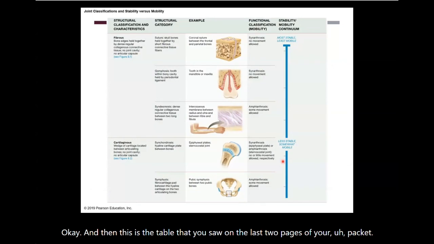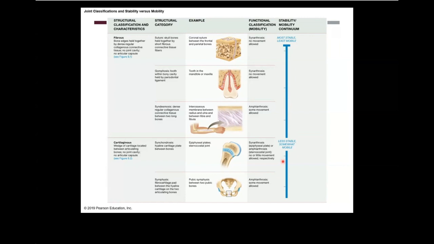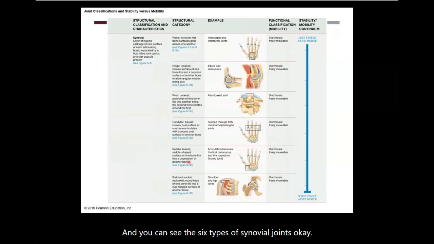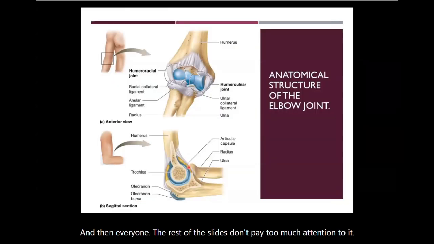And this is the table that you saw on the last 2 pages of your packet. You can see the fibrous joints, cartilaginous joints, and the 6 types of synovial joints, okay? And everyone, the rest of the slides, don't pay too much attention to them.